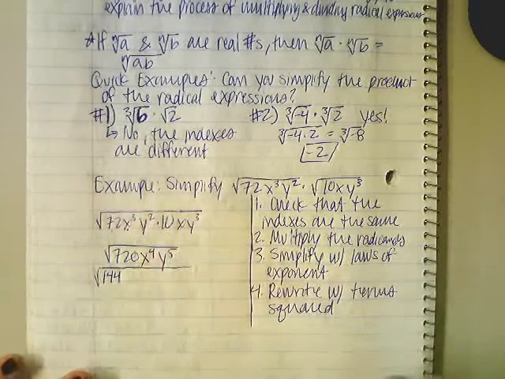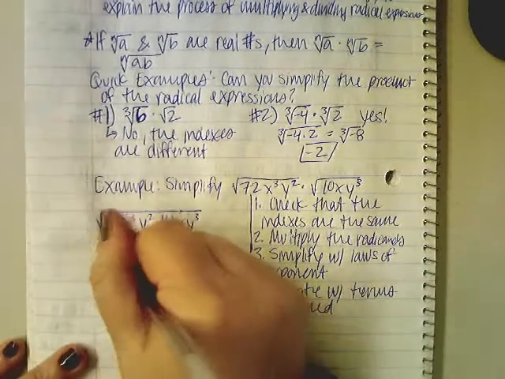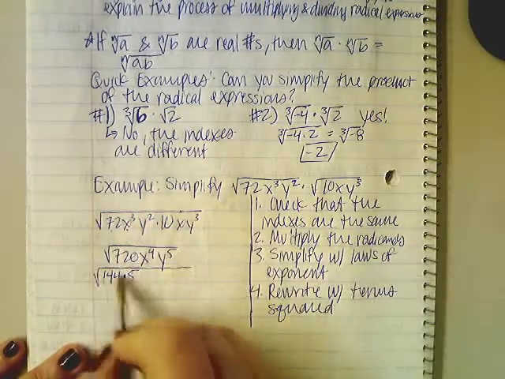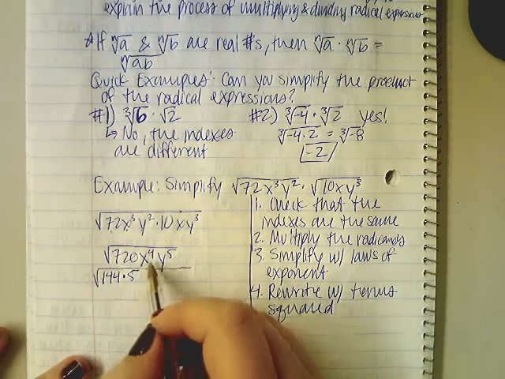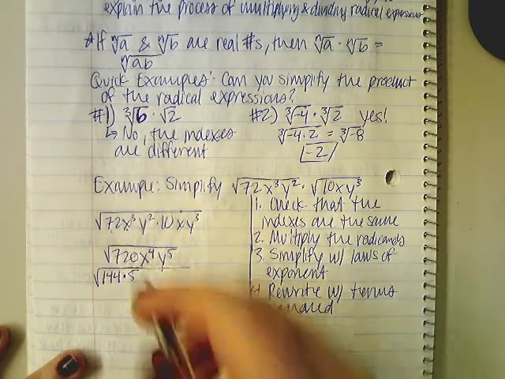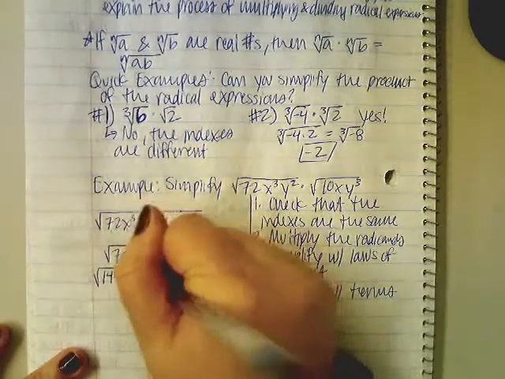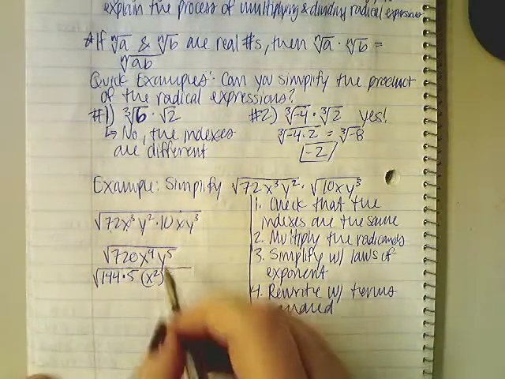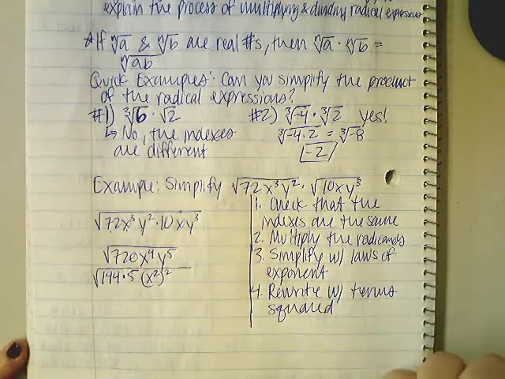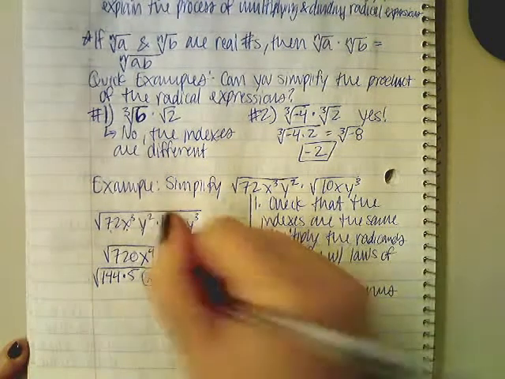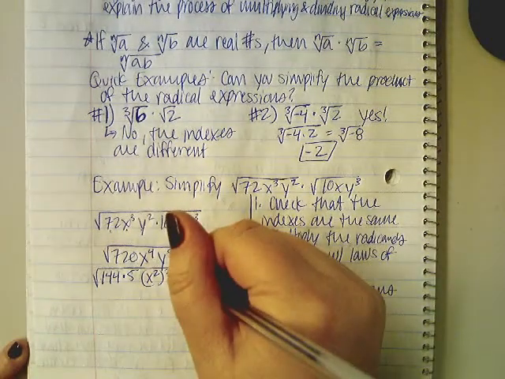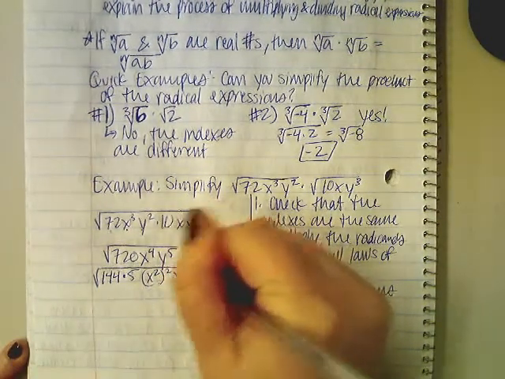So I'm going to rewrite 720 as 144 times 5, because then I know I can take the square root of that term. X to the 4th, I can rewrite that as x squared squared, as you may remember that we've practiced. 5 isn't divisible by 2, so I'm going to take out one of the y's, and then I'll have y to the 4th, which I could rewrite as y squared squared.